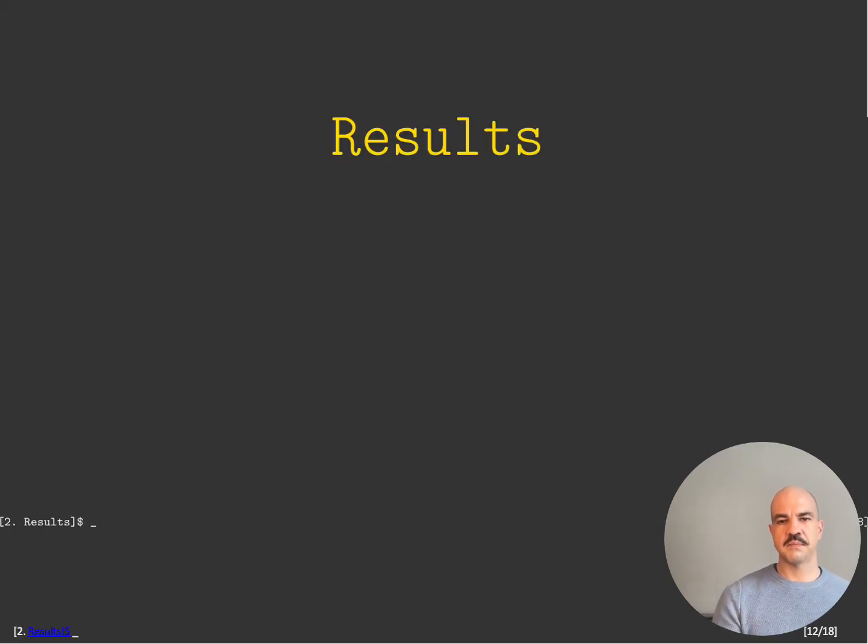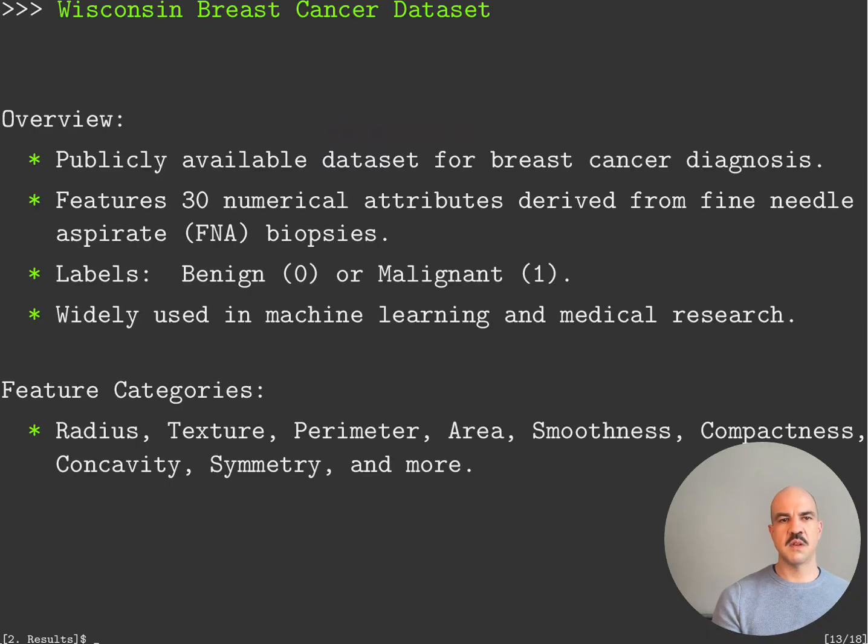Now, just to briefly summarize our results, we started this on the Wisconsin breast cancer data set, a publicly available data set for breast cancer diagnosis. There are 30 numerical attributes that are derived from biopsies.